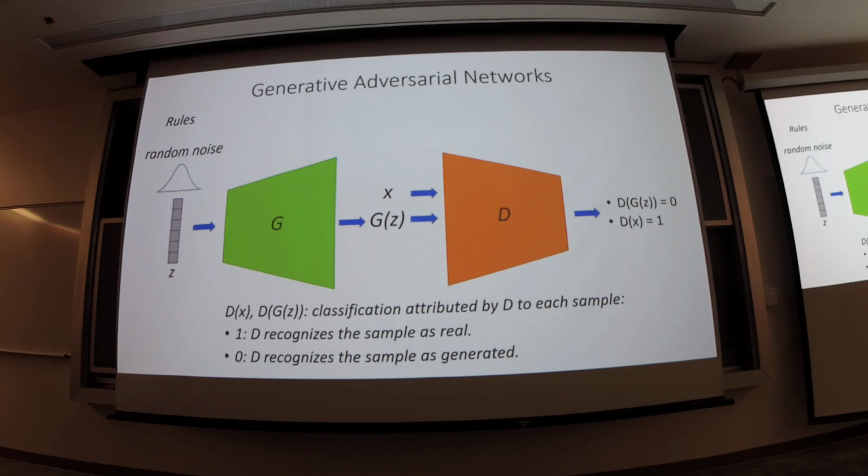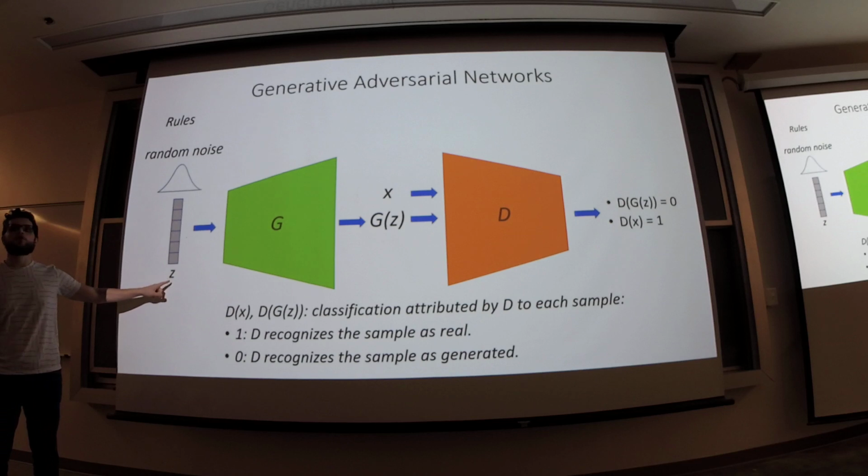Yes. But since they are playing this game, the generator has to learn something from the discriminator loss itself, right? And so it learns the features, but the problem is exactly this, that these don't make any sense to us.